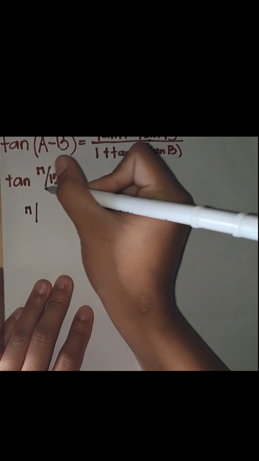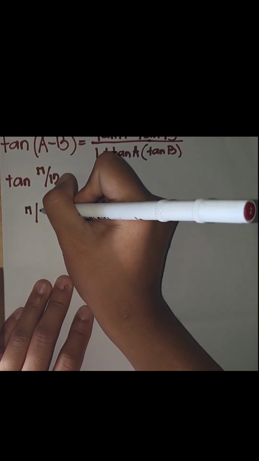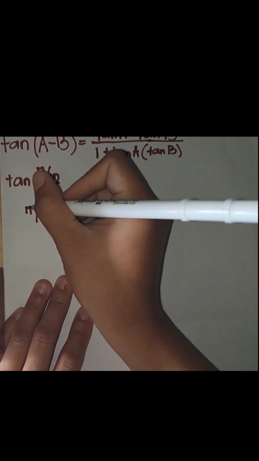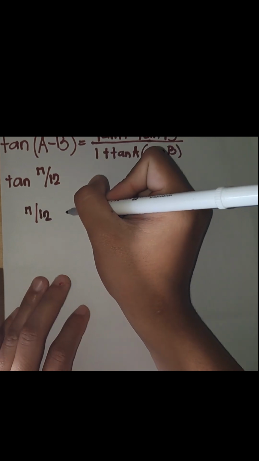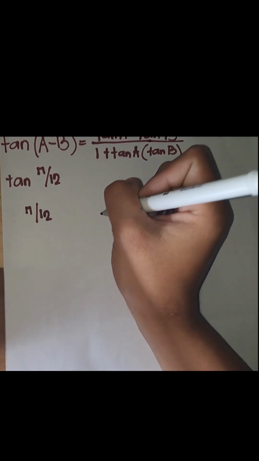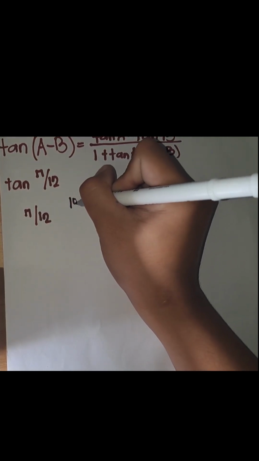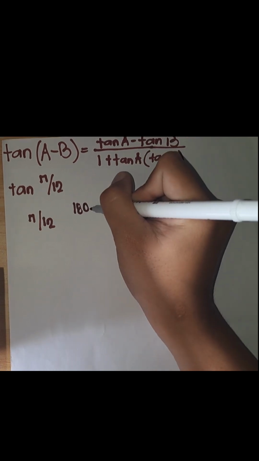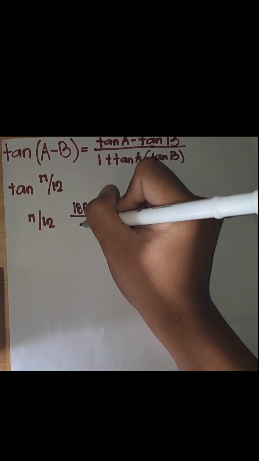So pi over 12, we need to multiply it by 180 degrees over pi.